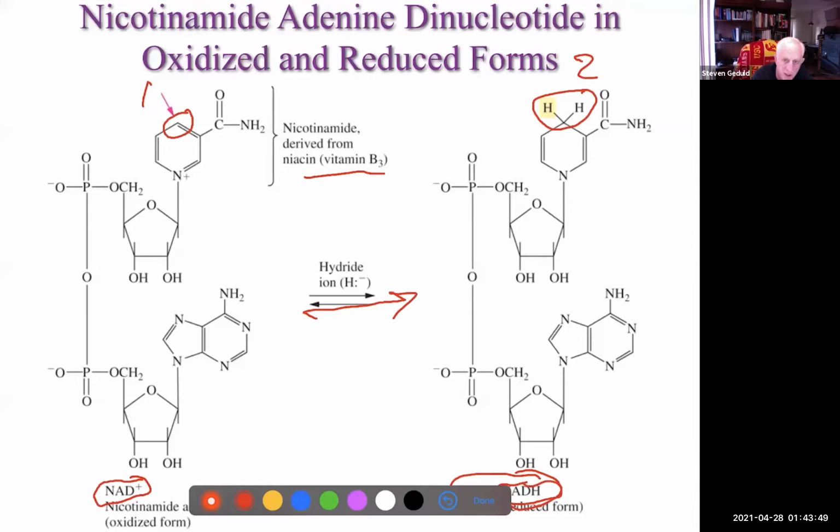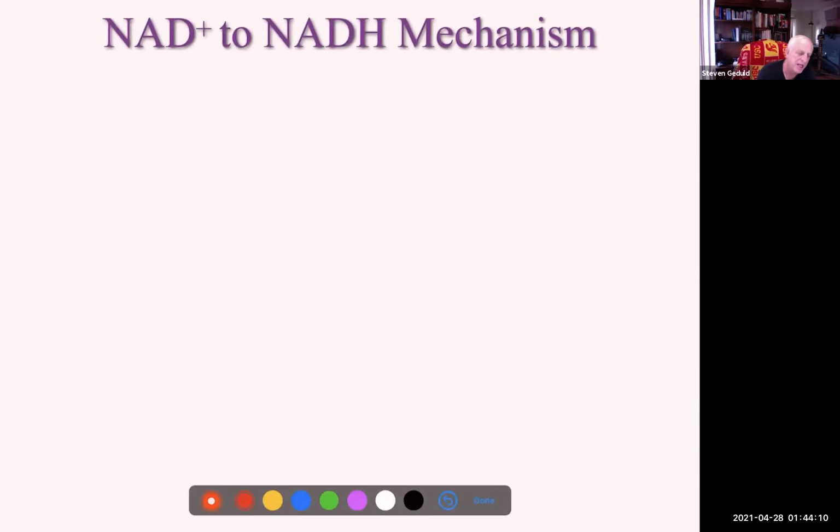So NAD, nicotinamide, is derived from niacin. And that's what it looks like. You see the phosphate groups that connect the two purines. So, NAD plus to NADH.